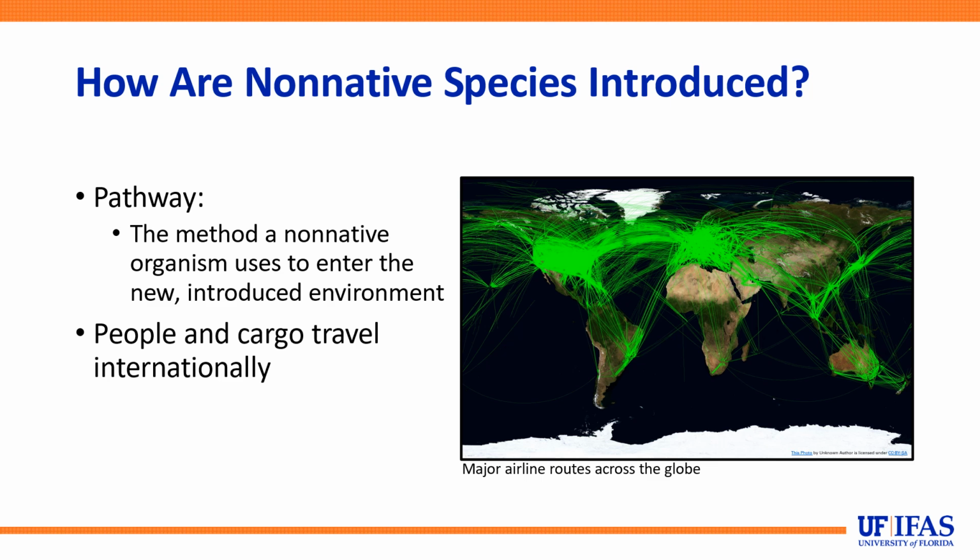But people and cargo move all the time, either across state lines, country borders, or between continents. For example, seeds or tiny floating plants like water fern get stuck on a person's boots or waders. If they're not rinsed off before their next use, they can transfer those seeds or plants to the next water body they're used in.